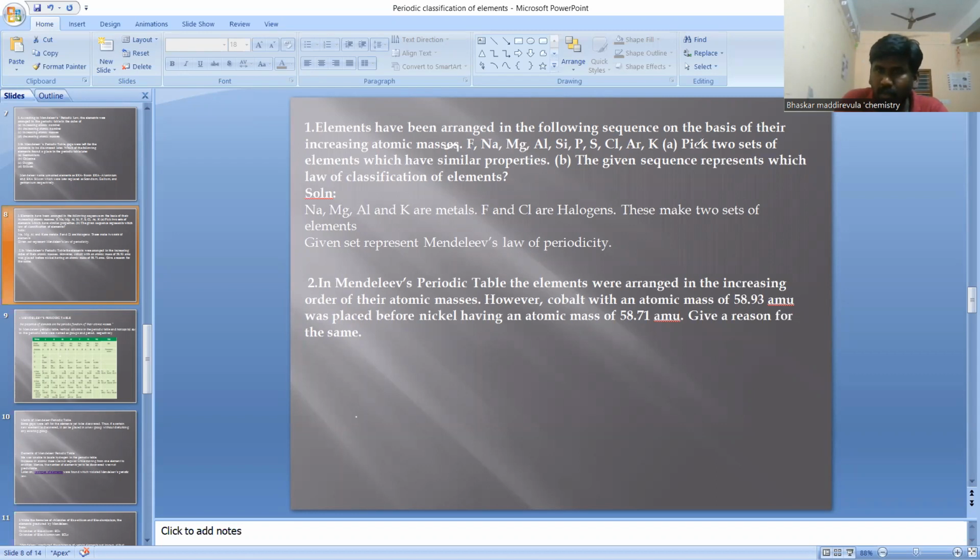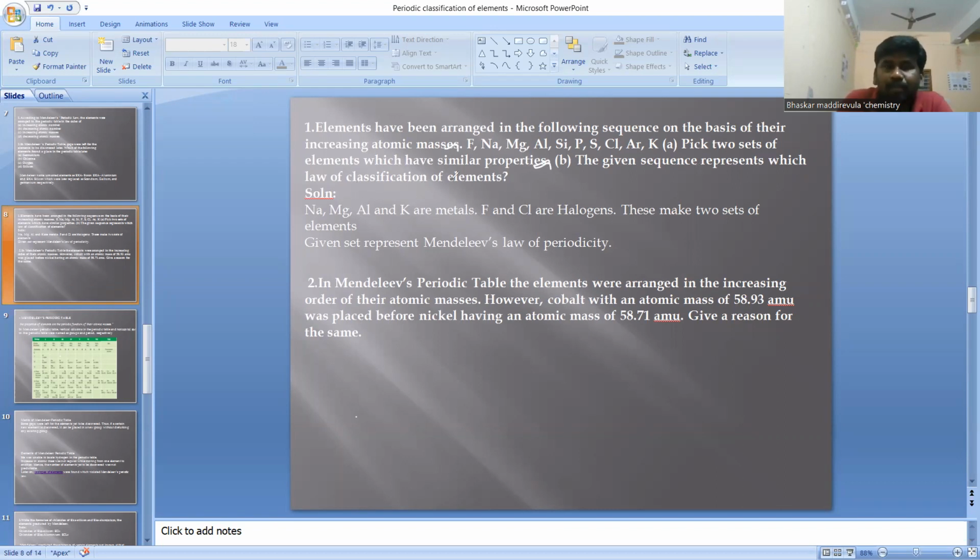Pick up the two sets of elements which have similar properties. Next, the given sequence represents which law of classification of elements?